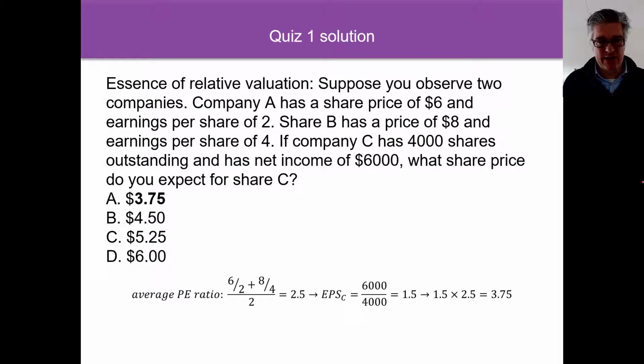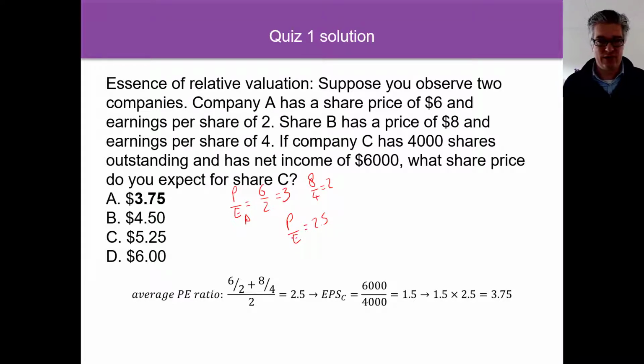And here I get a value of 3.75, because if we look at the price over the earnings per share for company A, that is 6 over 2, so that's 3. And for B, that is going to be 8 over 4, so that's 2. So that means that on average, people are paying 2.5 times the earnings in terms of the share price.